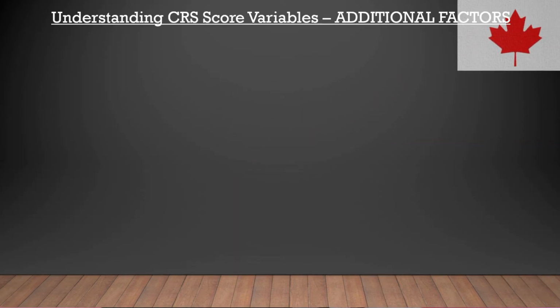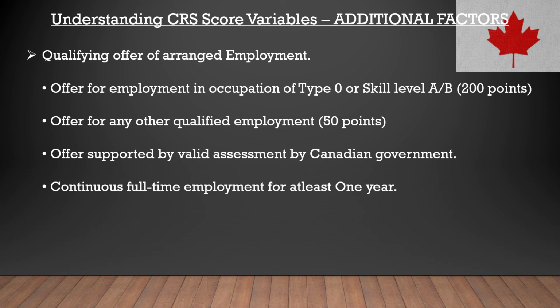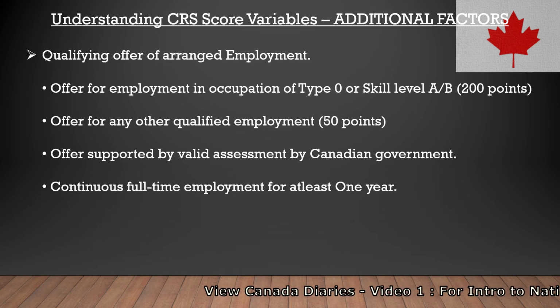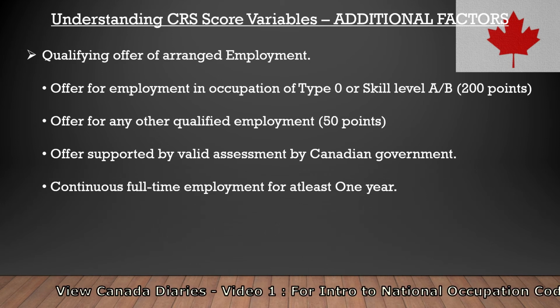The next additional factor we are talking is employment offer. So you have got an offer of employment. The first question you should answer yourself, is it qualified? Now for it to be qualified, first of all the employment should be in type 0 or skill level A/B, which will give you a maximum of 200 points.